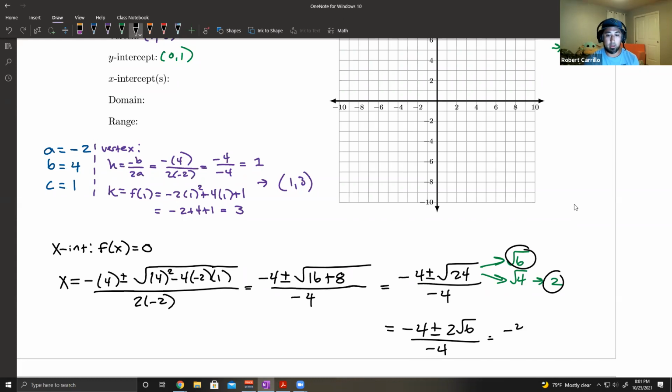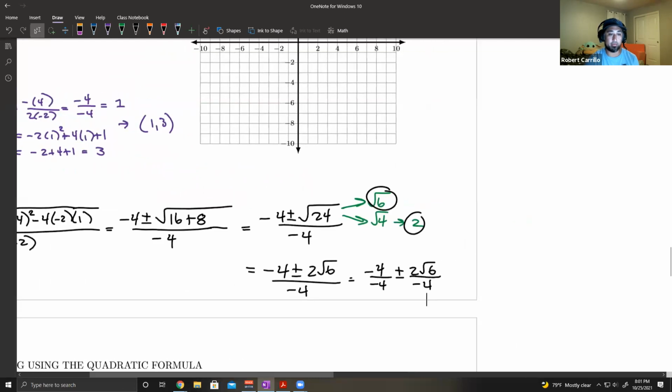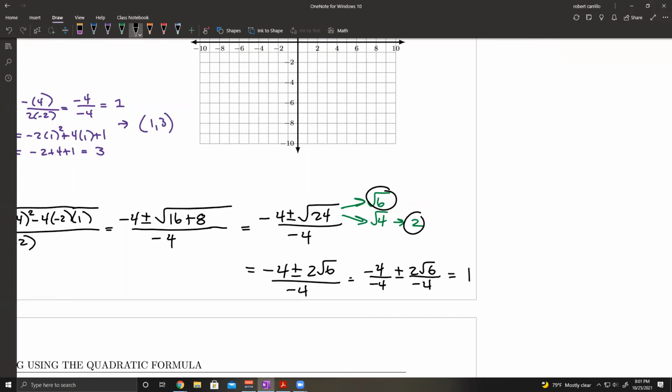You will have -4 over -4 plus or minus 2 square root 6 over -4. And what is -4 over -4? 1. And this is going to be cool and mind-blowing at the same time. Guess what this negative is going to do to these signs here?